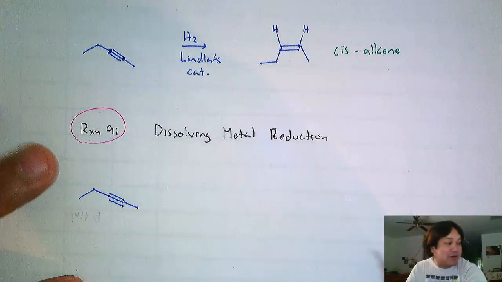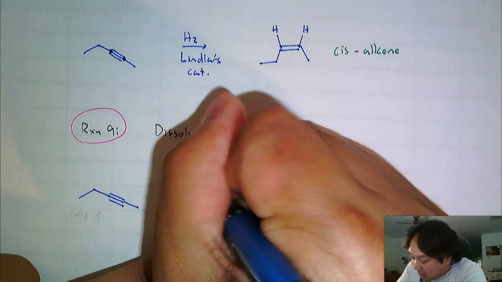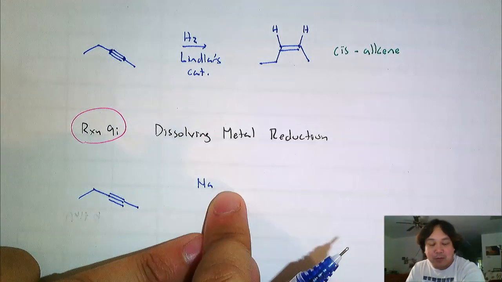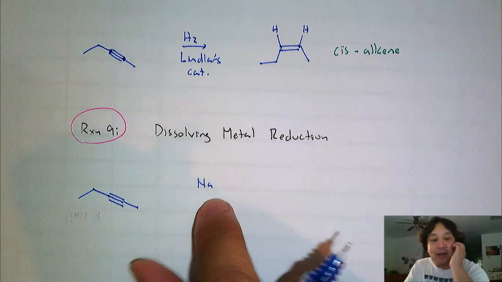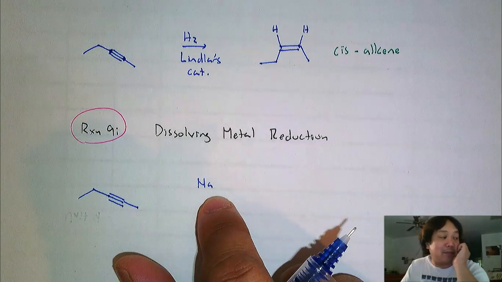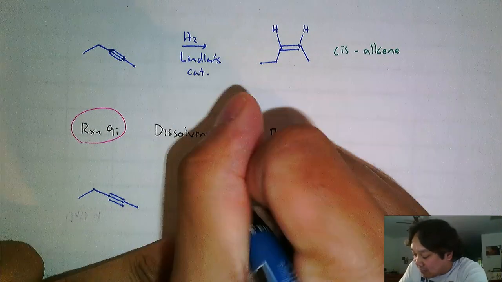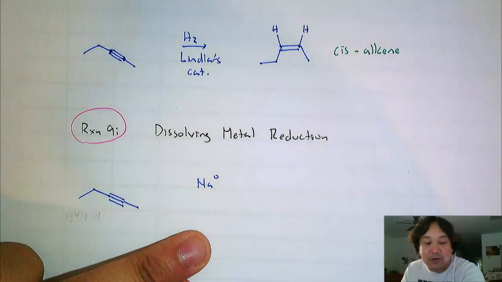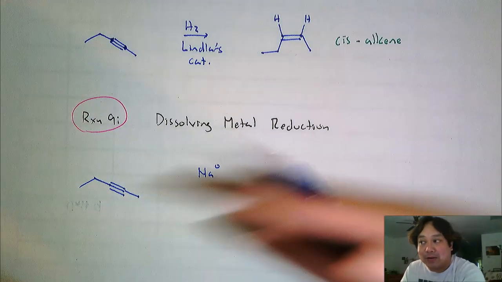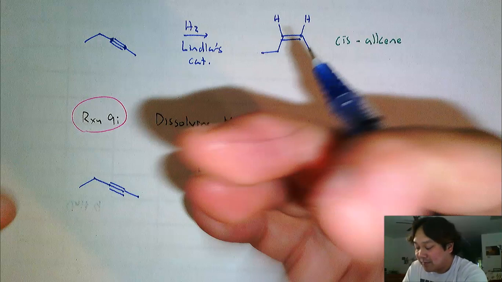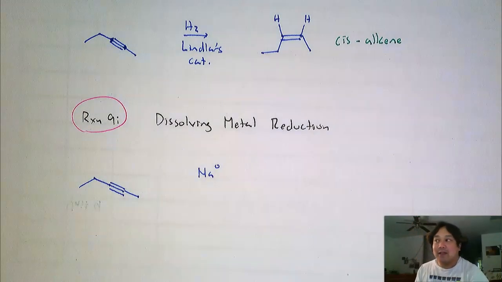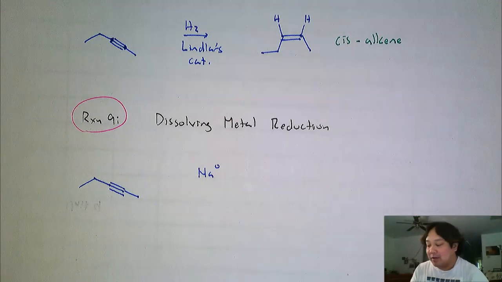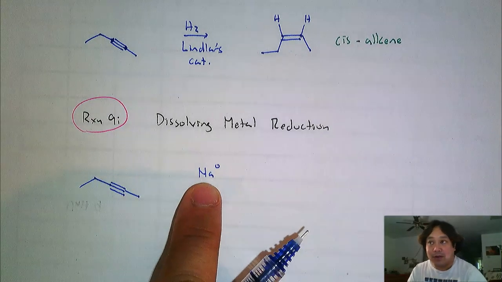The reagents are this: Na. Sometimes we put the word metal, but this is not the ion. This is not Na+. Sometimes they'll put 0 as Na neutral or sodium 0. That's a metal. That's not an ion. That's a big difference because ions will dissolve in water. Metals typically don't.